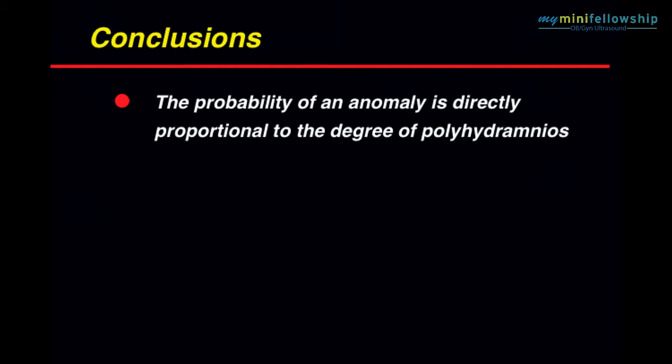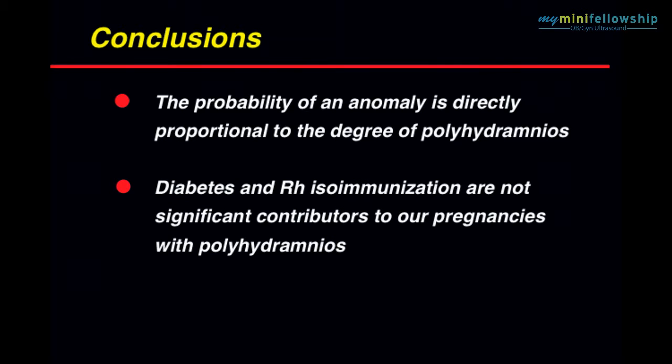So, these are the conclusions that I have when I think about a case of polyhydramnios. The probability of an anomaly is directly proportional to the degree of polyhydramnios. So if I'm looking at a 16, 17, 18 centimeter deepest vertical pocket and I'm not seeing any abnormalities in the fetus, I'm sweating bullets. Diabetes and Rh isoimmunization are not significant contributors to our pregnancies with polyhydramnios.